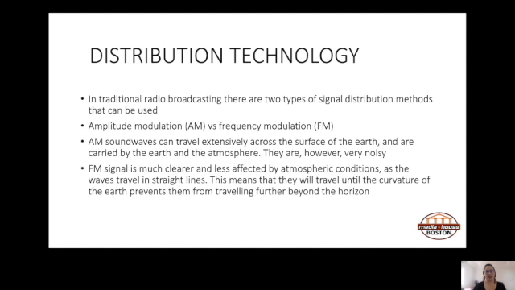Okay, distribution technology. So amplitude versus frequency. I'm not sure whether you've heard this before. Again, if you had science, you might have. So the difference between frequency and amplitude is that frequency is a measurement of cycles per second, and amplitude is a measure of how large a wave is.